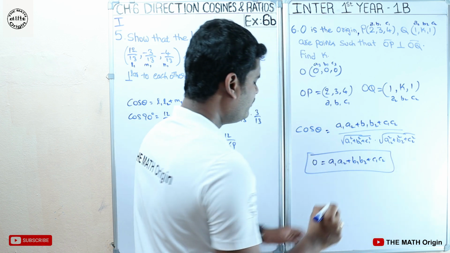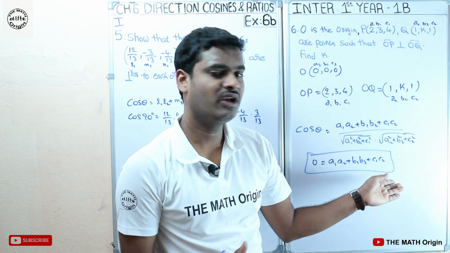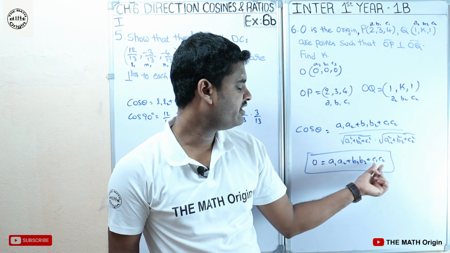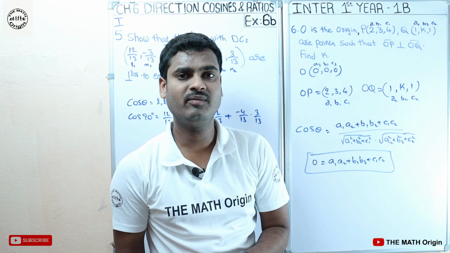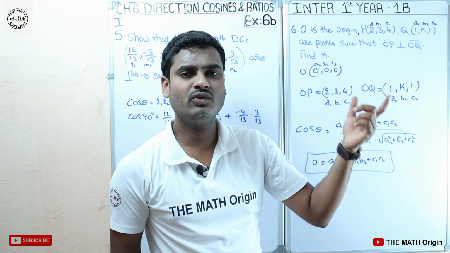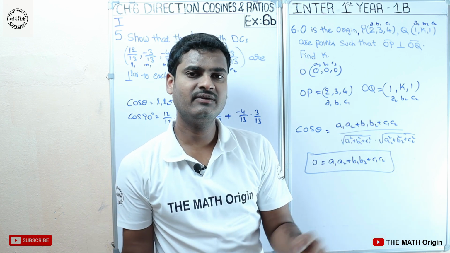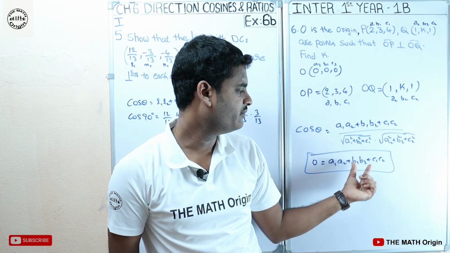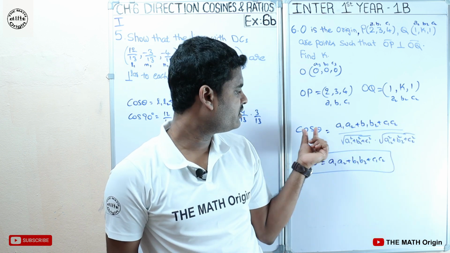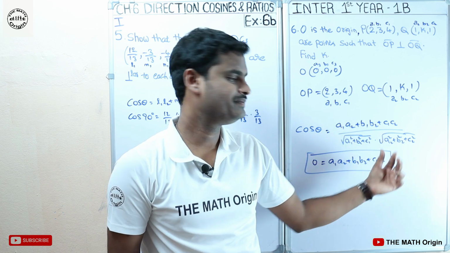This is the actual perpendicularity formula, which is provided in textbook formulas as well: if two direction ratios are perpendicular to each other, then A1 A2 plus B1 B2 plus C1 C2 equals 0, which is actually derived from the cos theta formula.